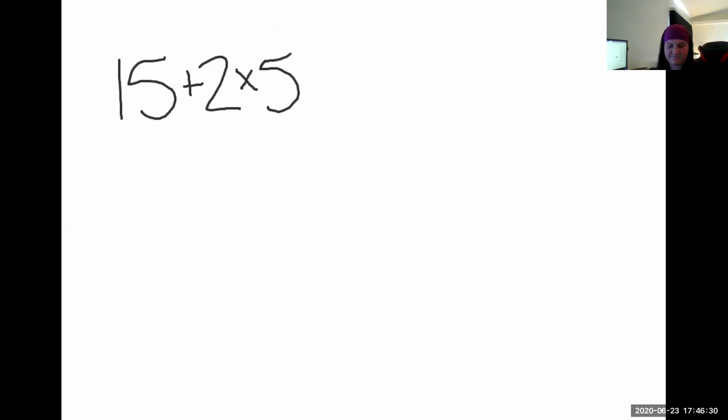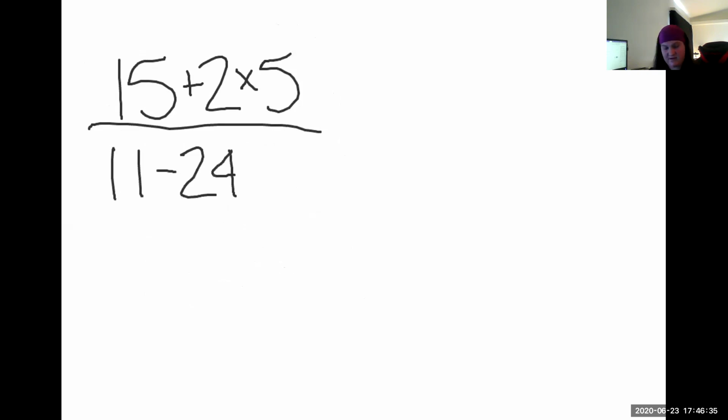Excuse me. Which of the following is the correct value of the expression below? This is another one of those equations that has a fraction in it. So it's written out as 15 plus 2 times 5 over 11 minus 24 divided by 4. So remember what I said before, we're just going to change this into parentheses.